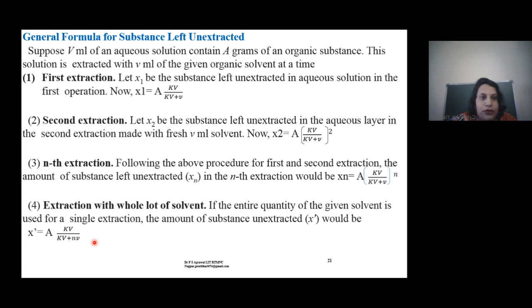Now, since the quantity in this bracket is less than unity, it is smaller than x dash. That means this will be smaller. As the value of n increases, this will be achieved more and more. It means as the number of extractions increases, more and more solute will be extracted. This can be proved by taking any example, or it can be proved mathematically or by the general equation also.